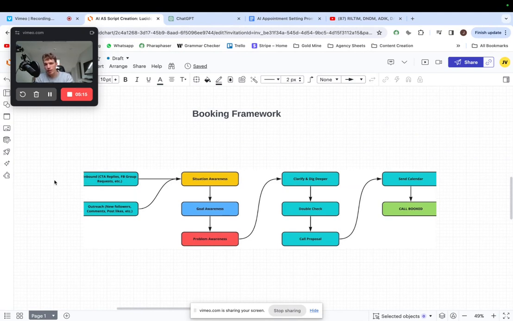Now, obviously, you can tell that with inbound leads, it's a lot easier to book them over a call, and probably a bit easier to close them on the call rather than the colder outreach leads. However, inbound leads are a bit of a rare case.